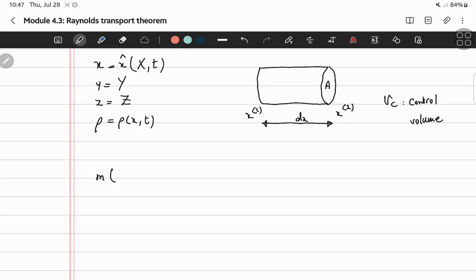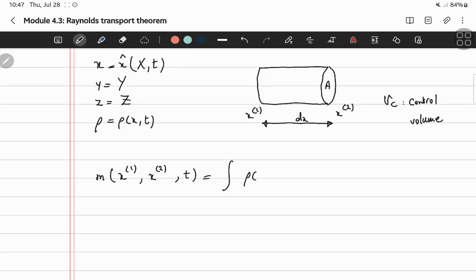So at one time increment, it could be some mass. At another time increment, it could be some other mass. So it is a function of small x1 and x2, because this is something fixed, completely arbitrary in the space, and t, so we have to integrate over this volume.